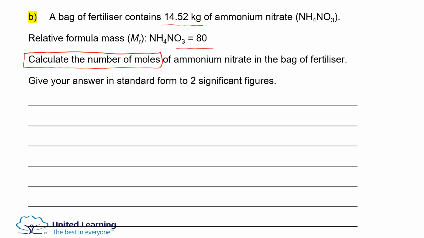Whenever you're doing a question like this, always use the every method, which we have taught you to use throughout Key Stage 4. So first off, start by writing in the equation.